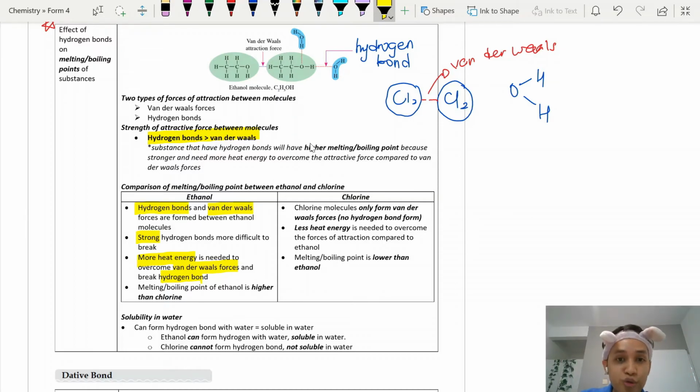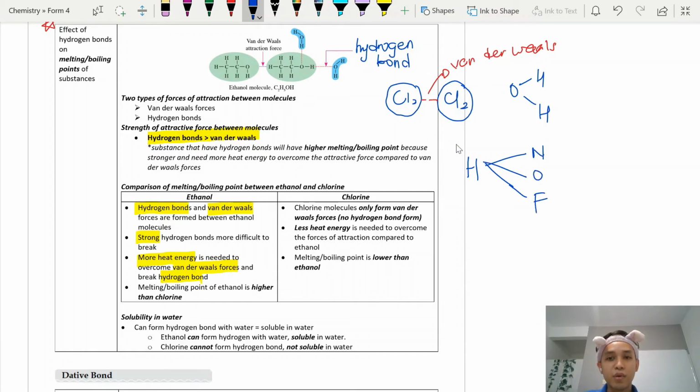Okay, so to know whether a covalent compound has van der Waals forces or hydrogen bonds will depend on whether they have the elements needed to form hydrogen bonds. So just remember a very simple thing. If I want to form a hydrogen bond, it must be between hydrogen and the three electronegative elements.